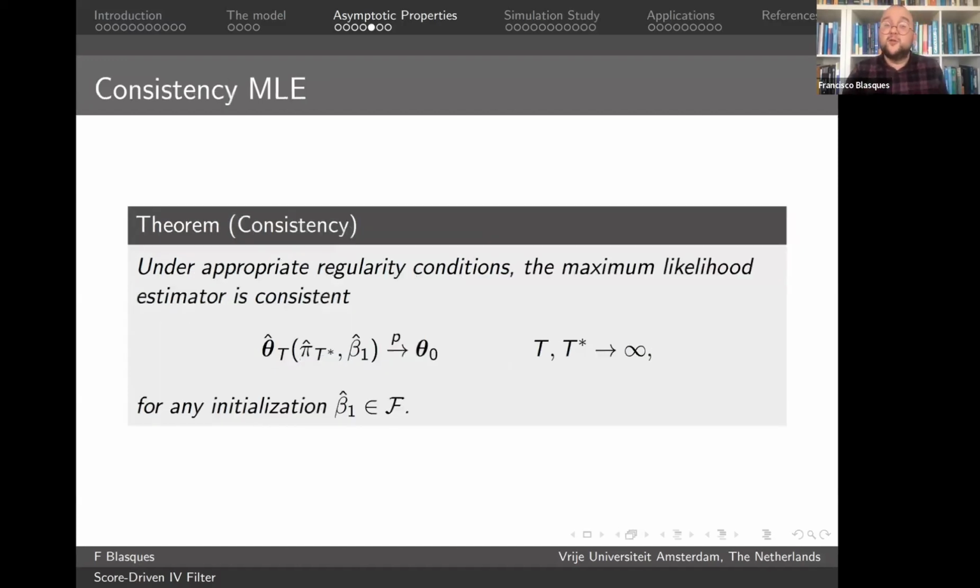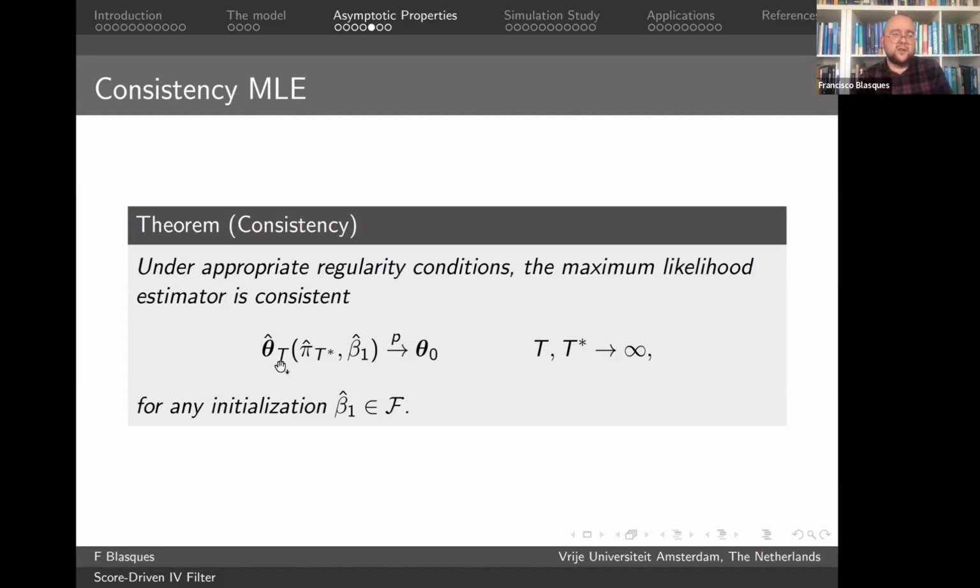If those conditions hold, right? If we get all of these invertibility restrictions, conditions for stationarity and ergodicity, and conditions for moments to all be satisfied, then we get that our maximum likelihood estimator of the second stage regression is consistent, right?